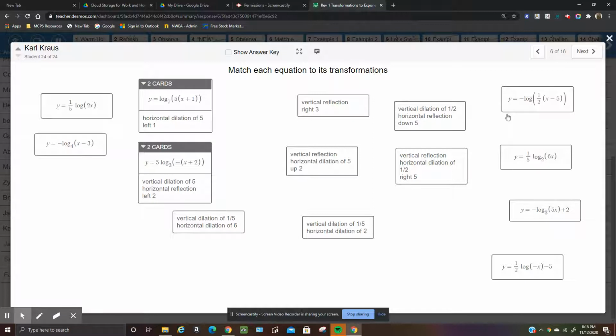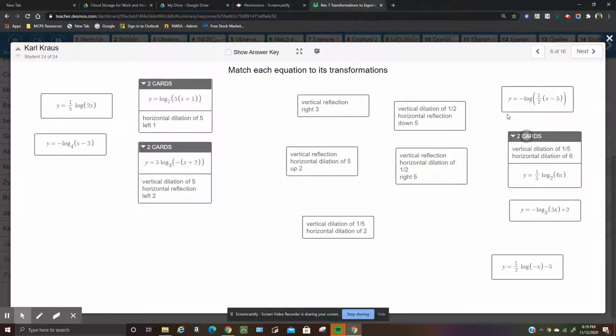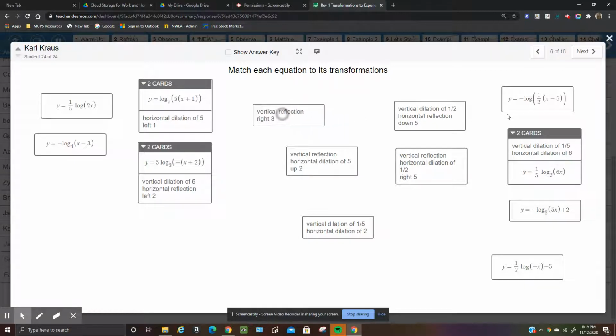And then vertical dilation of 1/5, horizontal dilation of 6. That's this one here. Vertical reflection and right 3. That's this one.